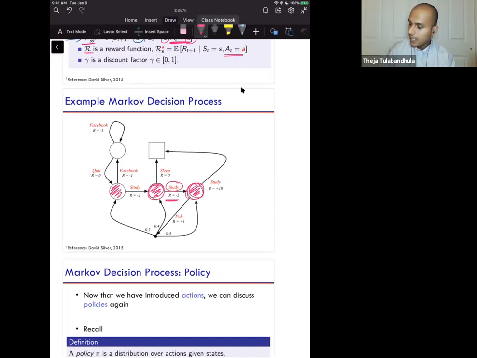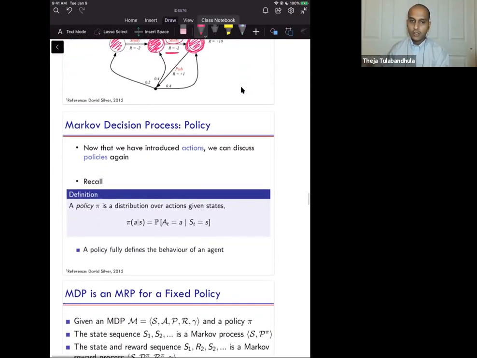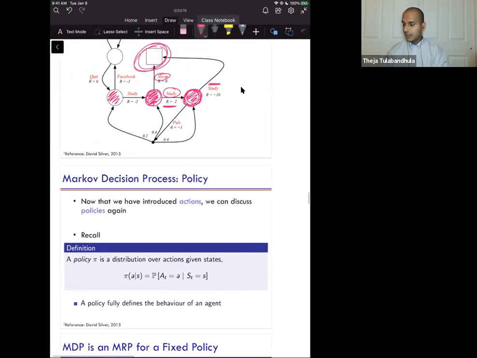Now, in that other state, if you take the action study, you'll go into, I guess, the state whose name is not given. Similarly, if you're in this state and you take the action sleep, you get into this state. So now you have actions which influence where you go. That's essentially what a Markov decision process is.